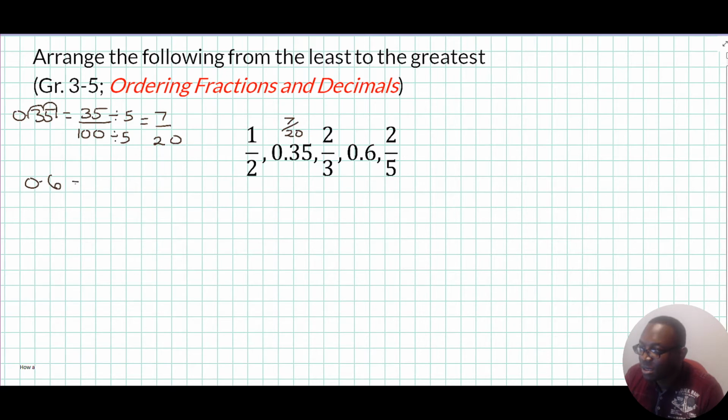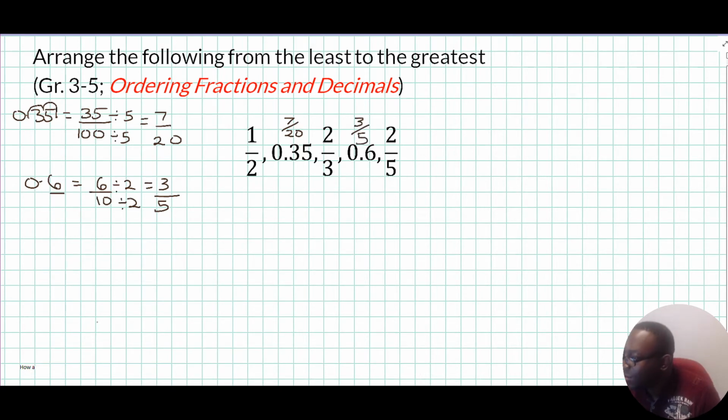We have one number after the decimal, so we're going to have 10 in the denominator, and then we take off the decimal here. We divide by 2, numerator and denominator. We have 3 over 5.